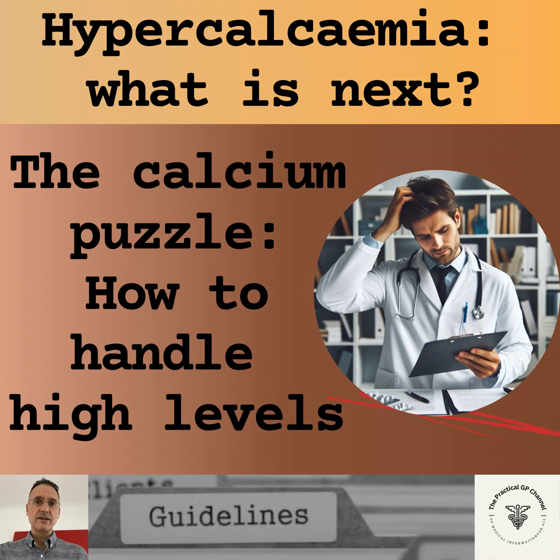In CKD, the kidneys lose their ability to excrete phosphate, leading to hyperphosphatemia. In CKD, the kidneys also produce less active vitamin D, resulting in decreased calcium absorption and hypocalcemia. Both hypocalcemia and hyperphosphatemia stimulate the parathyroid glands to produce more PTH to maintain calcium levels. This is the secondary hyperparathyroidism stage.